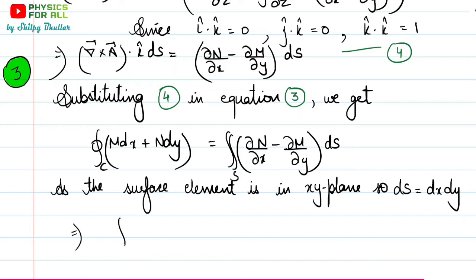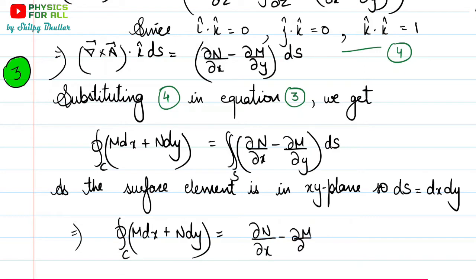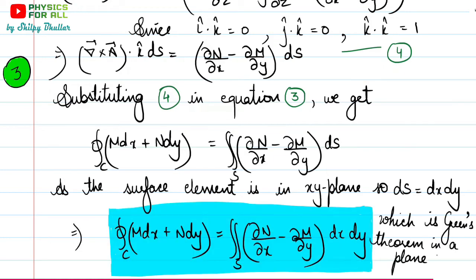Thus what we obtain is m dx plus n dy integrated over the closed curve C, and that is equal to curly n by curly x minus curly m by curly y integrated over the surface S, with dx and dy as the variables with respect to which the integration has to be carried out. And this is Green's theorem in a plane. Here we have obtained our final expression, the Green's theorem in a plane.